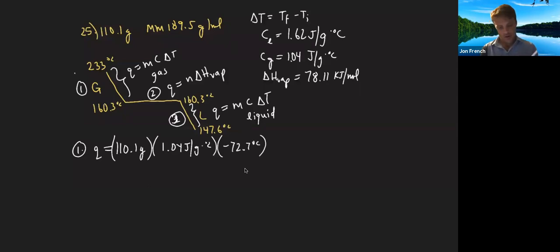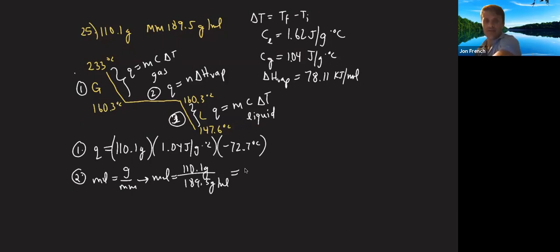For our second calculation, Q equals n delta H, where n is our number of moles. So first we should find moles, and we know moles equals grams over molar mass. I have 110.1 grams, and my molar mass is 189.5 grams per mole.